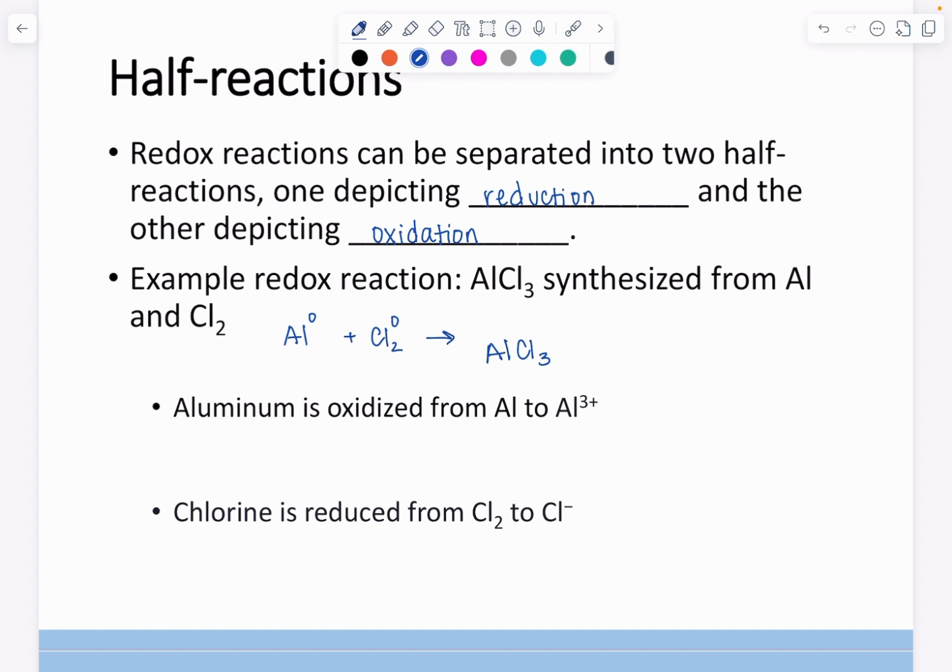In the ionic compound, chlorine would have a charge and an oxidation state of -1. That gives aluminum a +3 oxidation state. So aluminum is oxidized from an oxidation state of 0 to aluminum 3+, and then chlorine is reduced from Cl2 to Cl-.